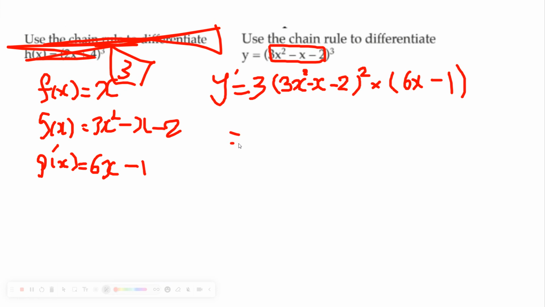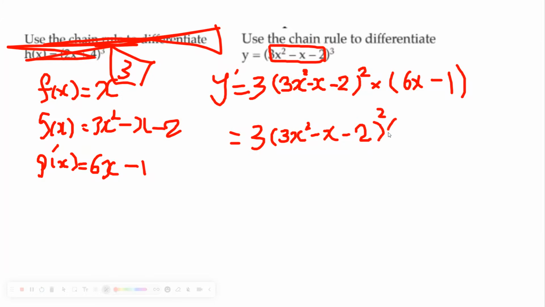Usually, we try to avoid writing the times sign, because you can get rid of it.